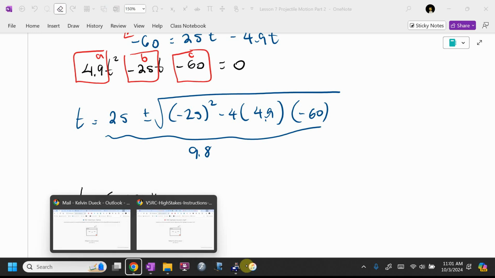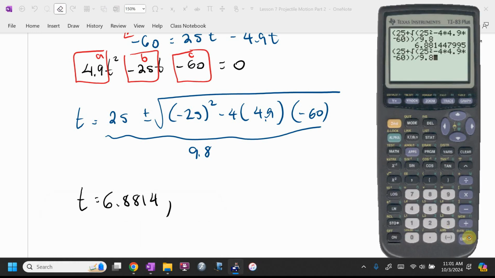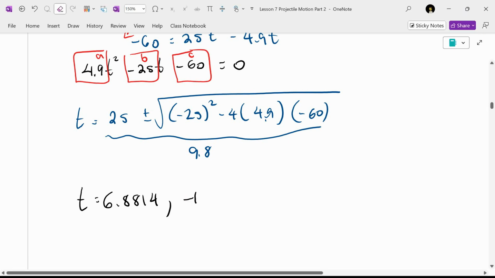And then my other root, I get negative 1.779. Which of those answers do I not use? Yeah, we would go like this. In fact, the proper term is we reject the solution.